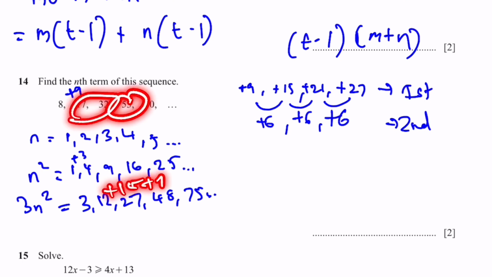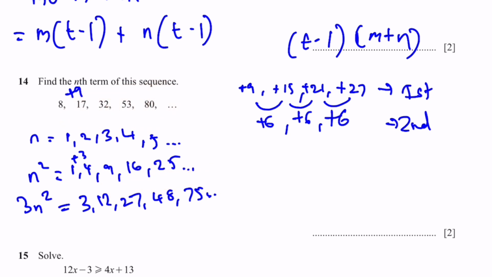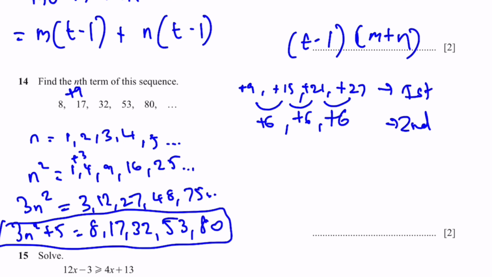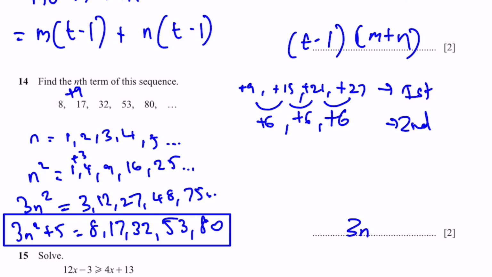For this one, plus 21. Plus 27. So now we can say the differences are the same. Now we just need to add a certain value to this to get that. 3n squared plus 5, because 3 plus 5 is equal to 8. 12 plus 5 is equal to 17. 27 plus 5 is equal to 32, and so on. So this is actually the sequence, and the nth term is 3n squared plus 5. That's the answer.